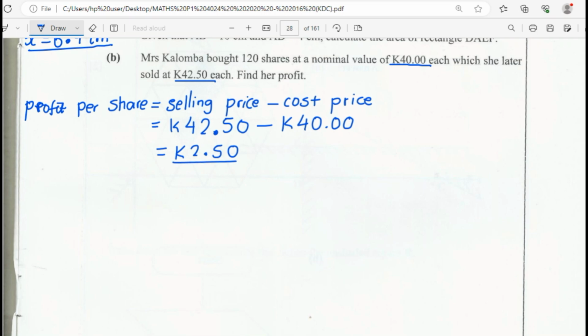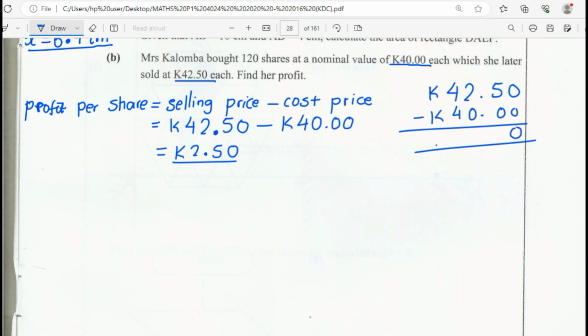Then maybe for those that are not clear on how we got this number, you can just go back to grade 1, where we are taught to make sure that as we are subtracting, the decimal points are in the same direction. So 0 minus 0 will give us 0, 5 minus 0 will give us 5.